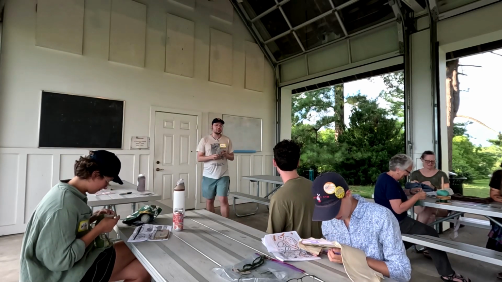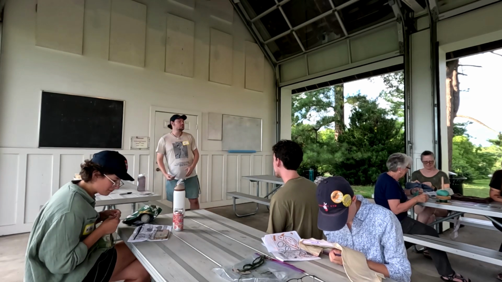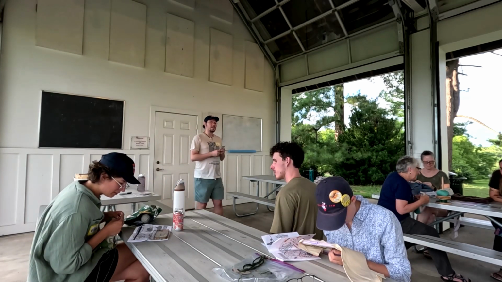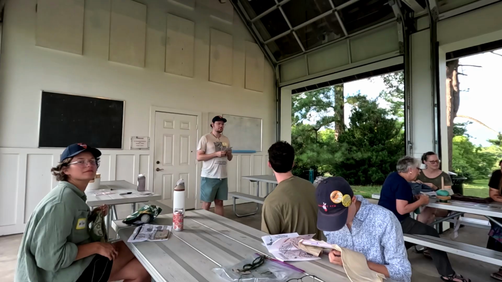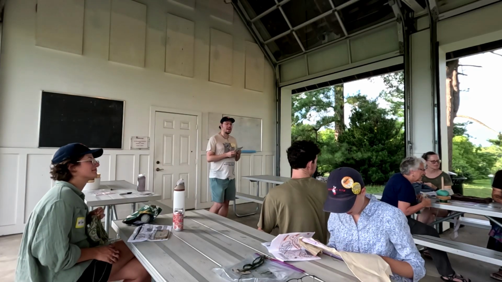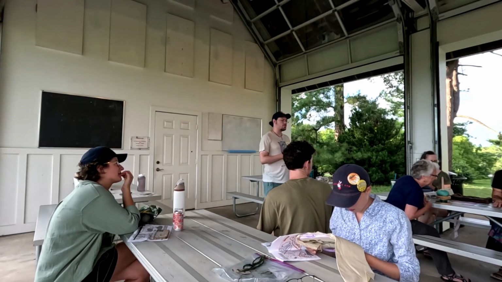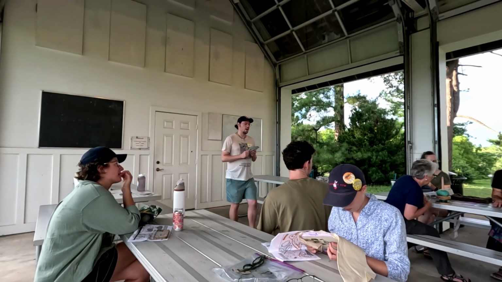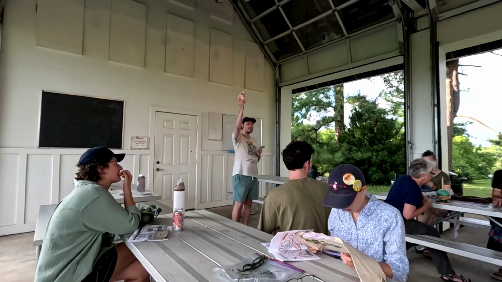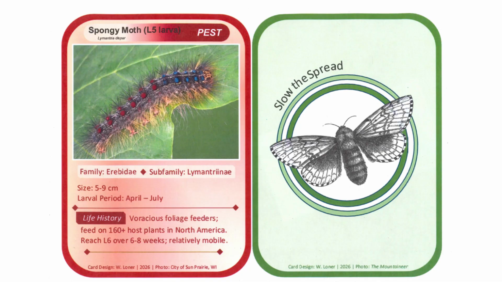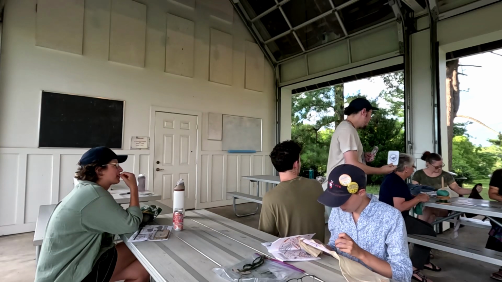So after Mr. Trouvelot in our cards here, what do we think is the next line in our story? Thinking about spongy moth's life history. If he's introduced the spongy moth, what do we have first? Adults or our larva, indeed. So this is a picture of a late-stage spongy moth larva. It's one of our red cards. It's our pest.